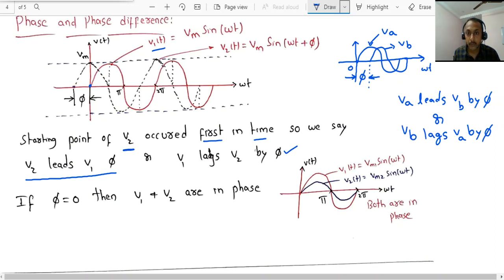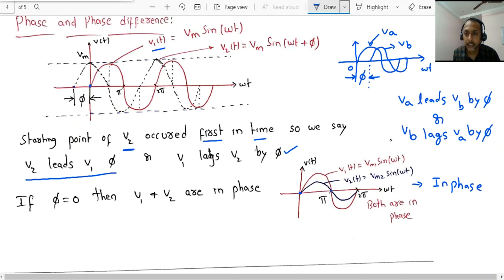Now, special case. Observe this diagram. V1 of t is starting at the origin. V2 of t is also starting at the origin. Both the waveforms started at the same point of time. Is there any difference between these two waveforms? No. Then we will say these two are in phase.